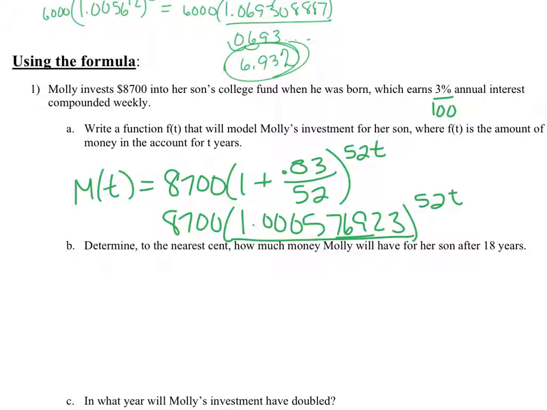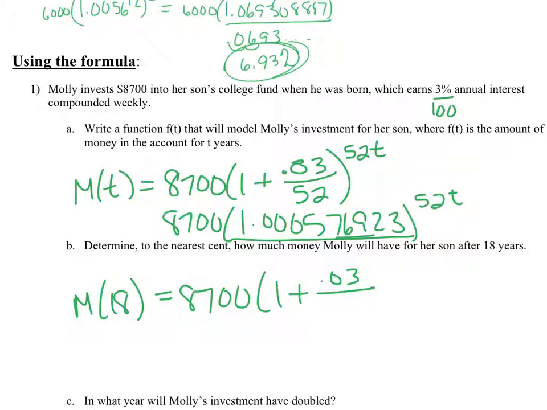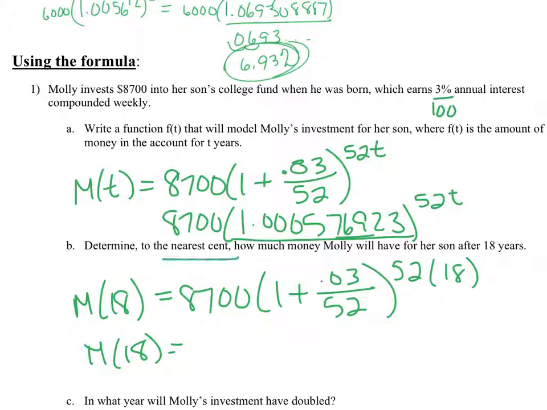So what's going to happen after 18 years? How much is she going to get? We plug 18 in. You can put it in that one too, but it's just a little annoying to write that whole number out again. So after 18 years, to the nearest cent, we're going to figure it out. The number that shows up on my calculator is this.